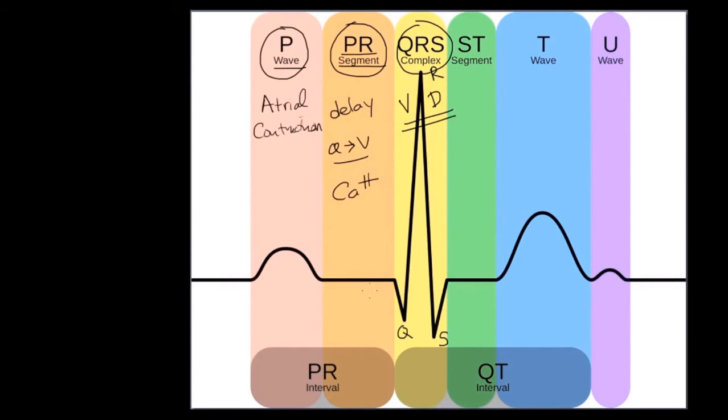Now, I would be remiss if I didn't mention again that during this time, blood is being pumped out of the ventricles. On the right ventricle, it is being pumped out through the pulmonic valve, a semilunar valve, into the pulmonary artery to the lungs to get oxygenated. And the left ventricle is pumping blood out of the aortic valve into the aorta to be distributed among the systemic vasculature.